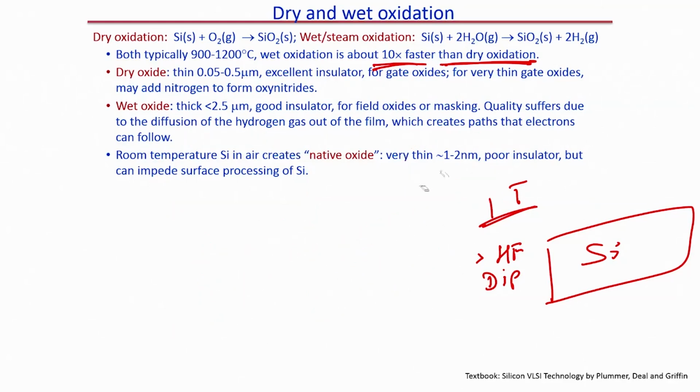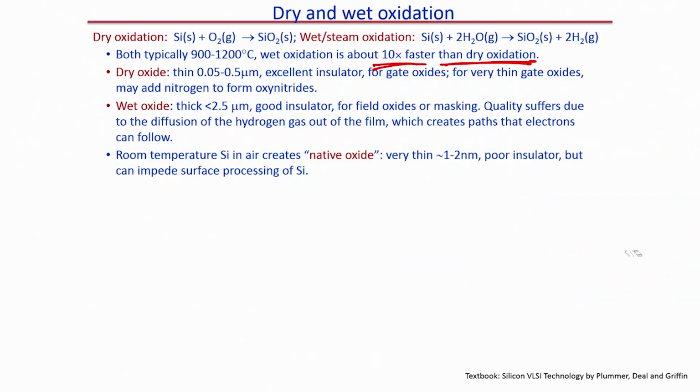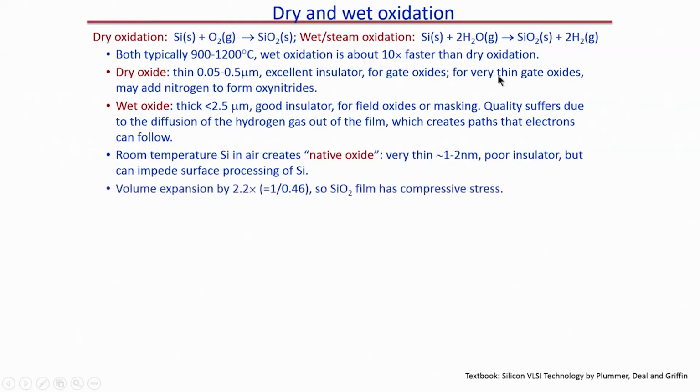Another thing to understand about silicon dioxide: tricky, right, useful but tricky. Volume expansion would be 2 by 2 equals 1 by 0.46. So, SiO2 has a compressive stress.